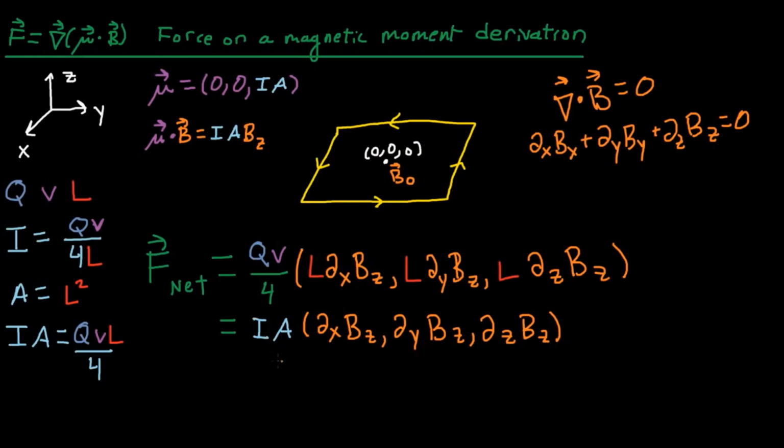So notice then that we have here I times A, and then times Bz in all these places. But we also have the derivatives partial x, partial y, and partial z out front.